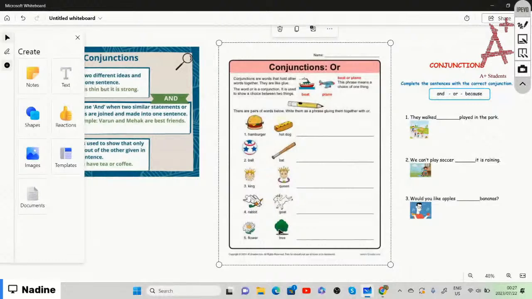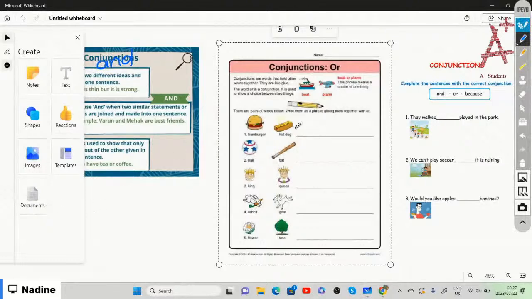All right, so if we look at the first one, hamburger or hot dog. So we can say hamburger or hot dog. Here we have it. It's either you have a ball or you have the bat. So it's bat or ball.